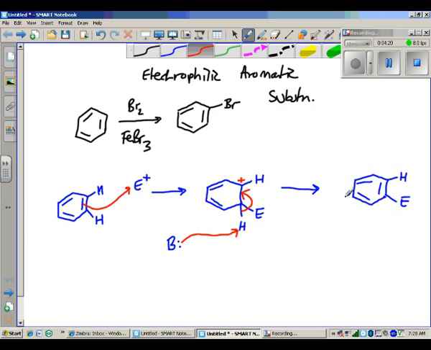So the mechanism for electrophilic aromatic substitution is actually very simple. I could take any of the reactions that we're going to look at in a minute and substitute out the electrophile in each case.